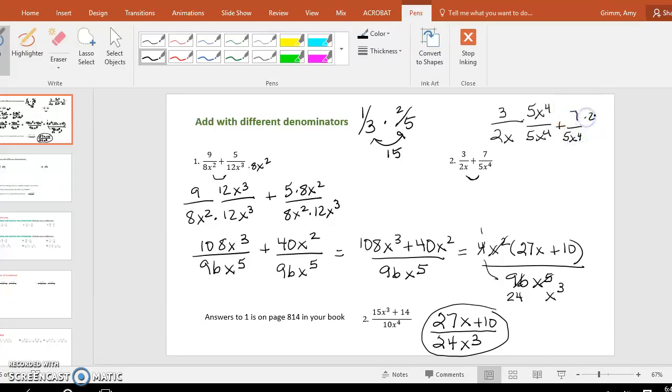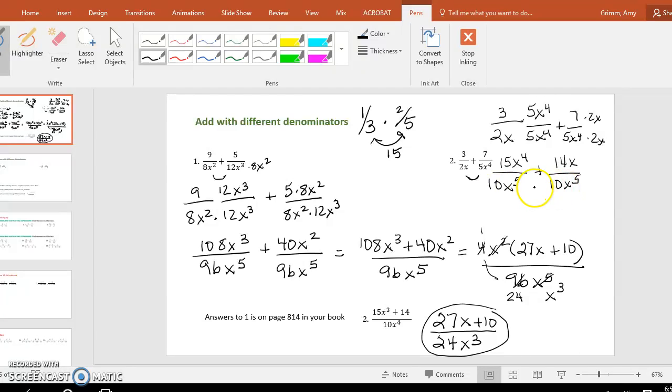I need to multiply both of those by 2x. So 5 times 3 would give me 15x to the fourth, over 5 times 2 is 10x to the fifth, plus 14x over 5 times 2 is 10x to the fifth.